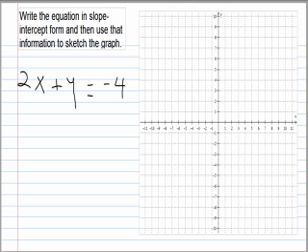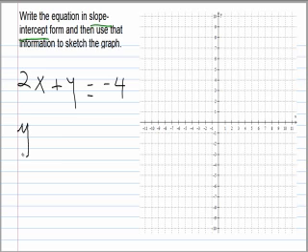There's a special form of the equation of the line that's called the slope-intercept form. And when your equation is in that particular form, you can look right at the equation, you can tell the slope, and you can tell the y-intercept, or the place where the line is going to cross the y-axis. That format happens to be y equals mx plus b.